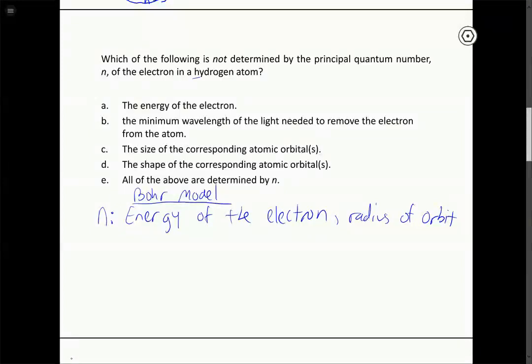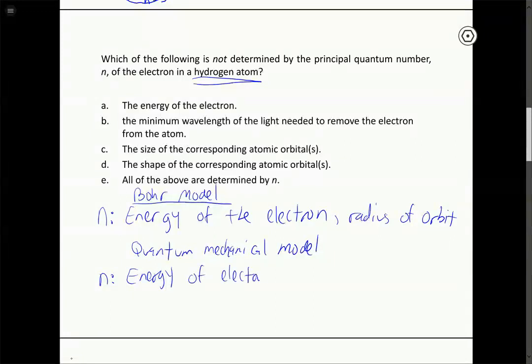Now, if we're talking about the hydrogen atom, for the quantum mechanical model, the quantum number n has a very similar definition, or tells us very similar things. n still is the only thing we need to determine the energy. So if you only have one electron, and we're dealing with hydrogen here, so we do only have one electron, then n is exclusively going to determine the energy. We don't need any other quantum numbers to determine energy.